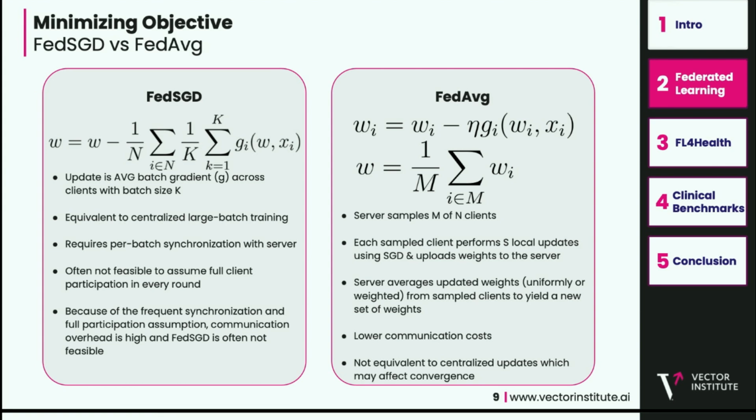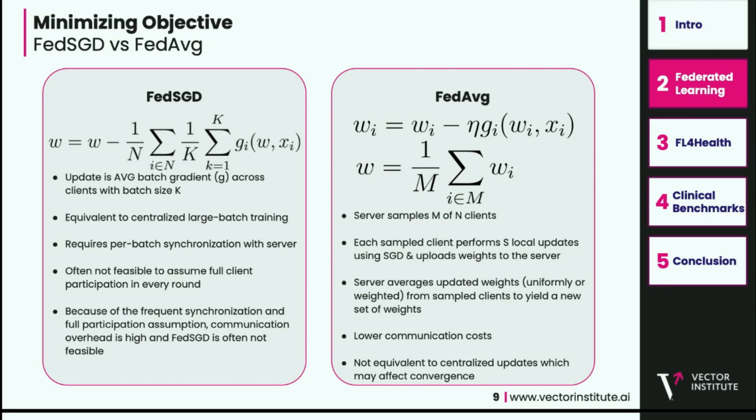In FedSGD, we're simply going to distribute the weights from the server to all of the clients. The clients are going to sample a batch of data and perform a forward and backward pass, and then communicate back the average gradient to the server, which is going to average it across all of the client gradients to get a pseudo gradient that it uses to update the global parameters.